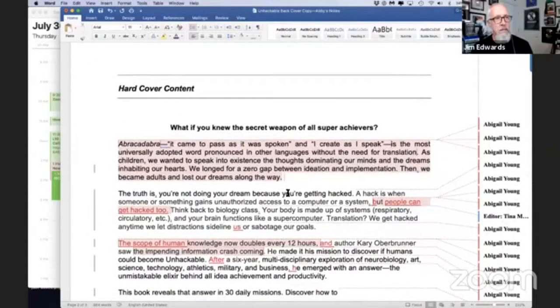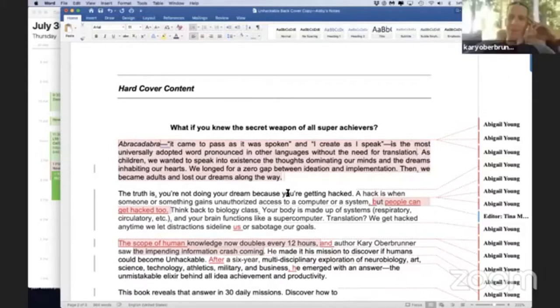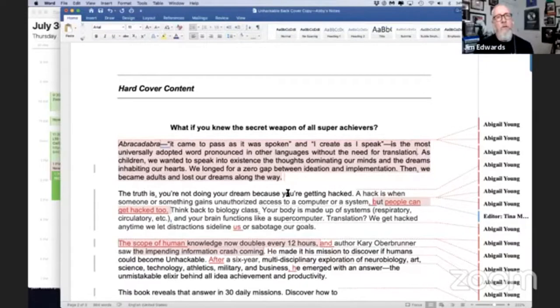There's another statistic that's really cool. There is more information in a single edition of the Sunday New York Times than the average person in 13th century Europe absorbed in their entire lifetime. Wow. And yet we as human beings are no different than we were in the 13th century or even the first century.